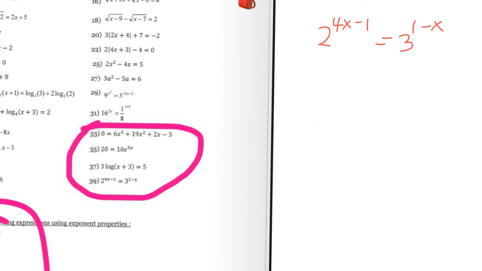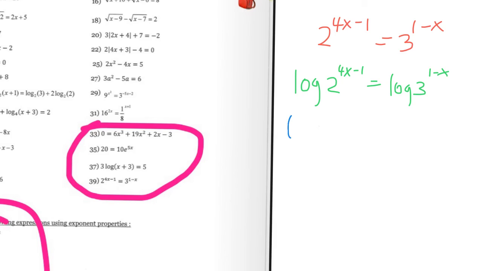So imagine we just rewrote this, on the next line, as log of 2 raised to the 4x minus 1, and that equals log of 3 raised to the 1 minus x. Because now we can bring this out front, we can bring this out front.